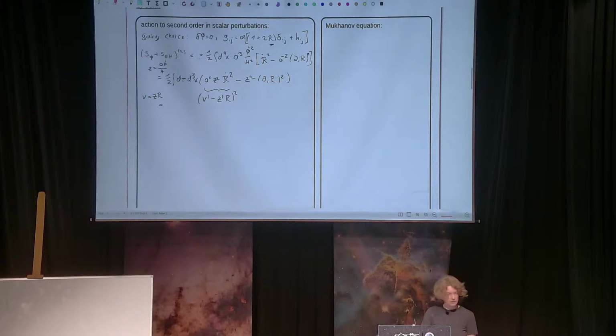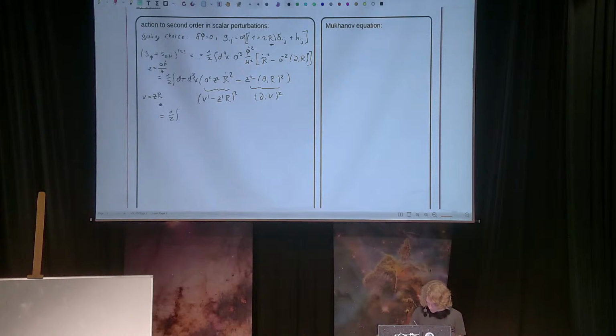So then I need to subtract the other term. Okay, and this one is easy. This is just the gradient acting on v, because recall that this z depends on time, but not on space, right? So here the gradient just acts on v.